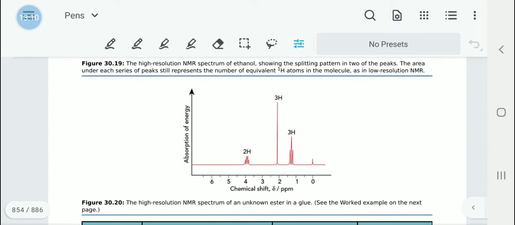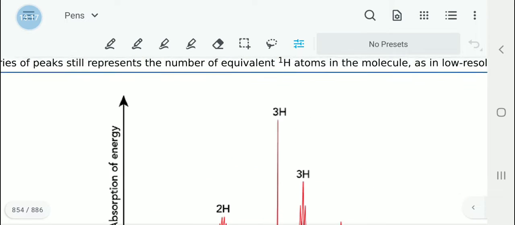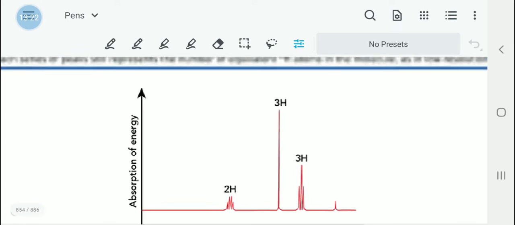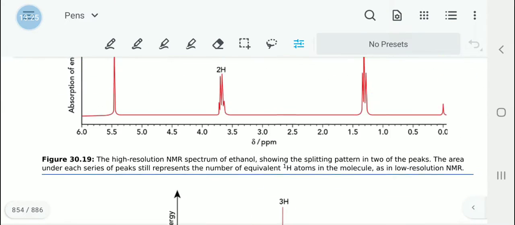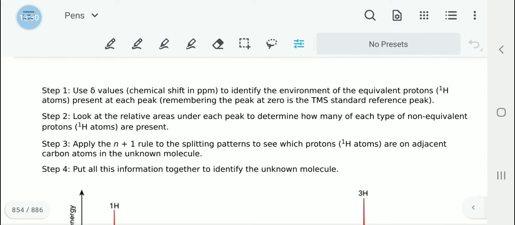Now in figure 30.20, let's try to figure out what this is about. They have given the absorption of energy here. How we identify a chemical by using the NMR spectrometer is by following these steps. The first step is to use the sigma values, that is the chemical shift in ppm, to identify the environment of the equivalent protons.